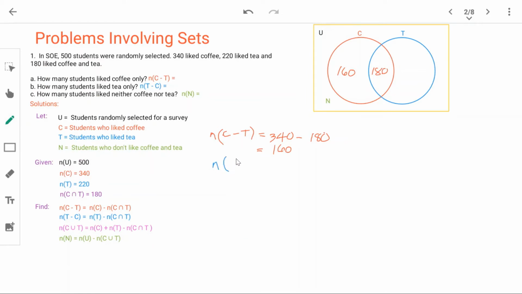So the number of students who like tea only is equal to the number of students who like tea, which is equal to 220, then minus the number of students who like both coffee and tea, which is equal to 180. So we subtract 220 by 180. So that is equal to 40. Okay, so meaning 40 students like tea only.